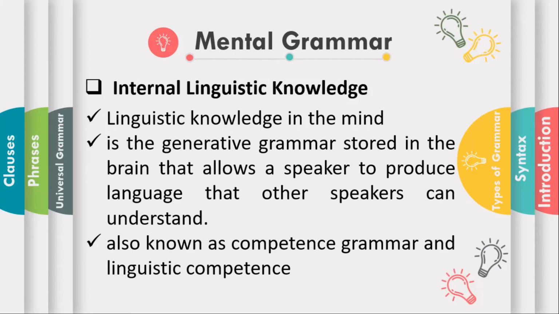So we have Noam Chomsky. He popularized the idea of mental grammar. Since this type focuses on grammar as a mental entity, significant progress in characterizing the structure of languages has been made.